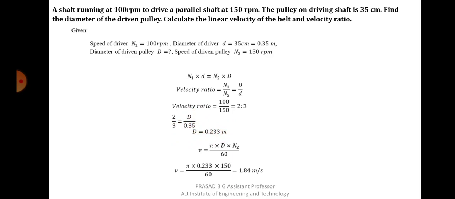Just now we found the diameter of the driven pulley, that is 0.233 meters. Speed is already given, 150 rpm. So you can find the linear velocity, that is pi into d into n2 by 60. That is 0.233 into 150 into pi divided by 60, which is 1.84 meter per second.